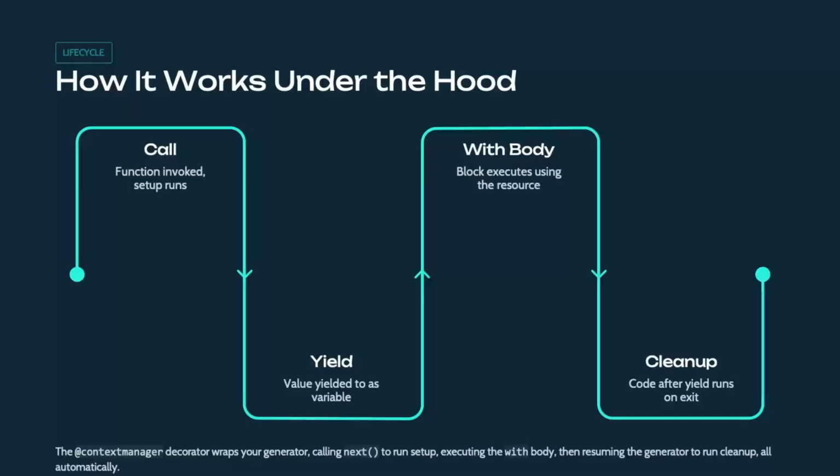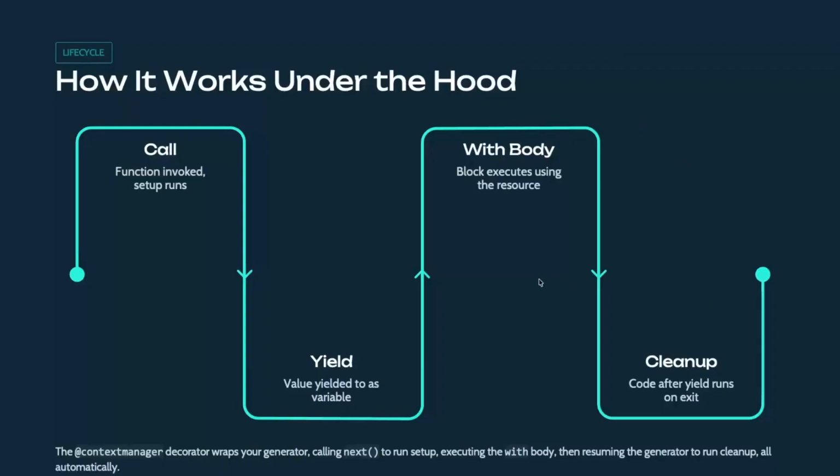The fifth step is when the block ends, Python resumes the generator. And the sixth step is everything after yield runs. That's where cleanup happens. We can think of the lifecycle like this: setup, then yield, then we run the block, and then we clean up. This is why generators and context managers fit together so naturally.